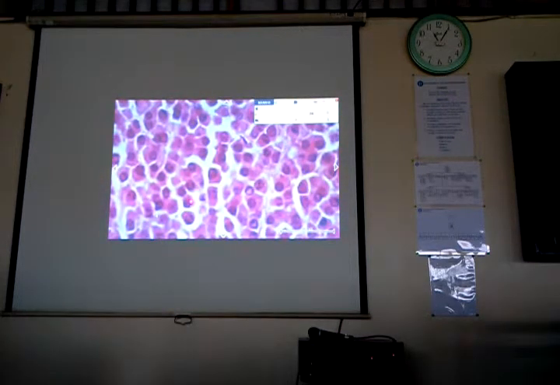The plasma cells are seen side by side with each other, so indicating that they are multiplying at a very fast rate. This is why they will be seen in close proximity with each other. Okay, that's the low power magnification view. So a neoplasm composed of plasma cells.